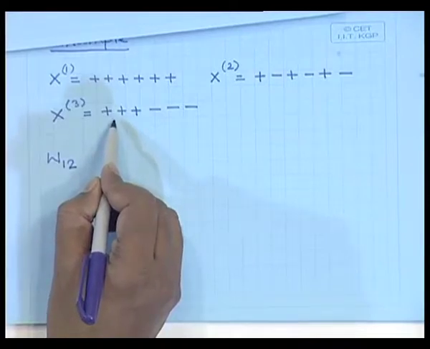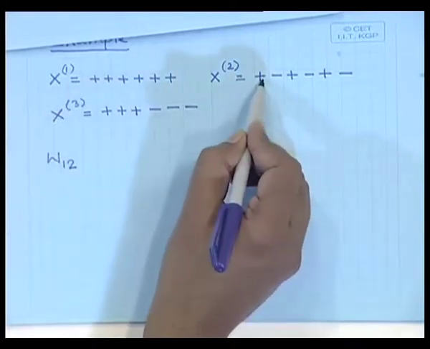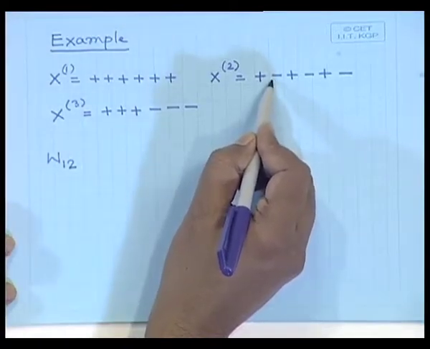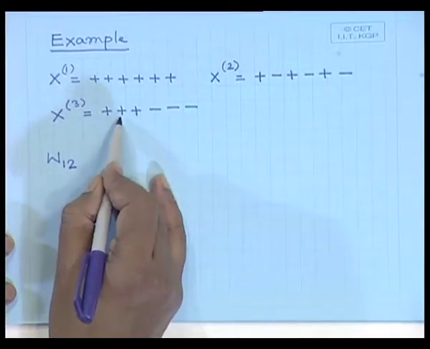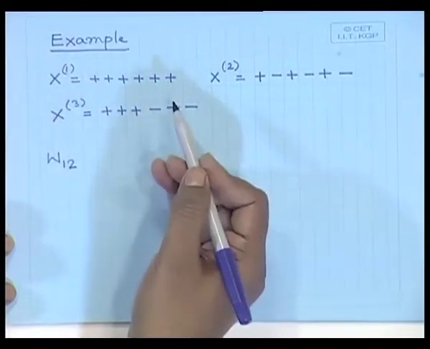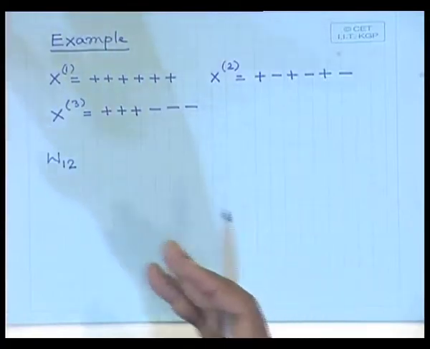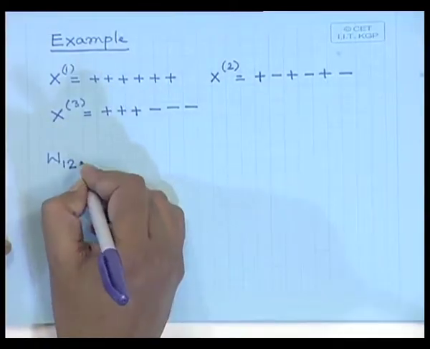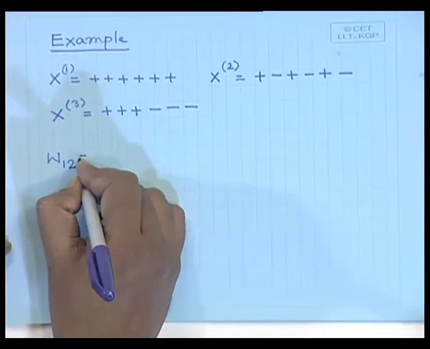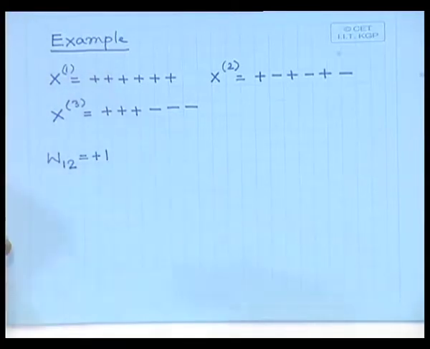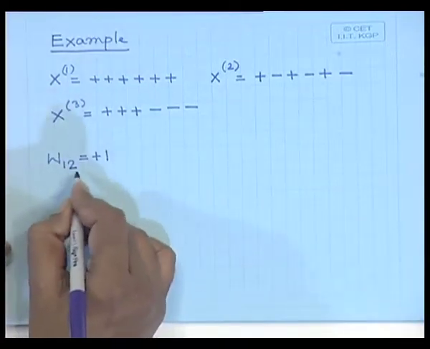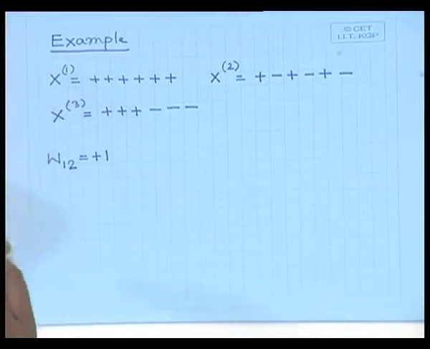So, I get the product to be positive. Coming to the second one, one bit is positive, the other bit is negative, so it will be minus 1. Coming to the third one, both of them are positive, so I will get plus 1. Now, when I sum over all these 3 patterns for p varying from 1 to 3, my result will be equal to 1. So, this W12 will be equal to plus 1. And W12 will be the same as W21, that you can easily verify.